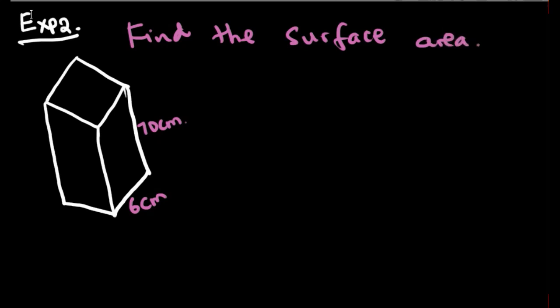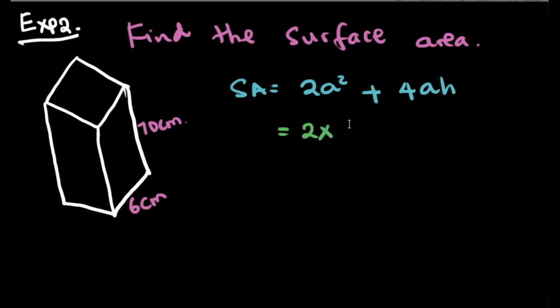So from the formula, surface area equals 2a squared plus 4ah. We know that a is 6 and h is 10. So it is 2 times 6 squared plus 4 times a, which is 6, times h, which is 10.